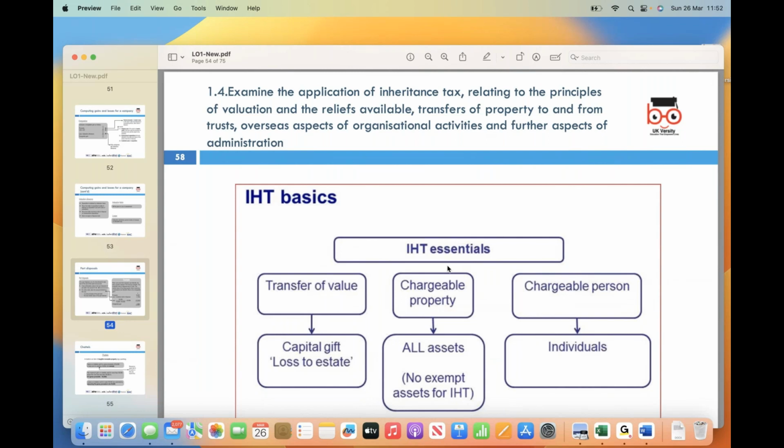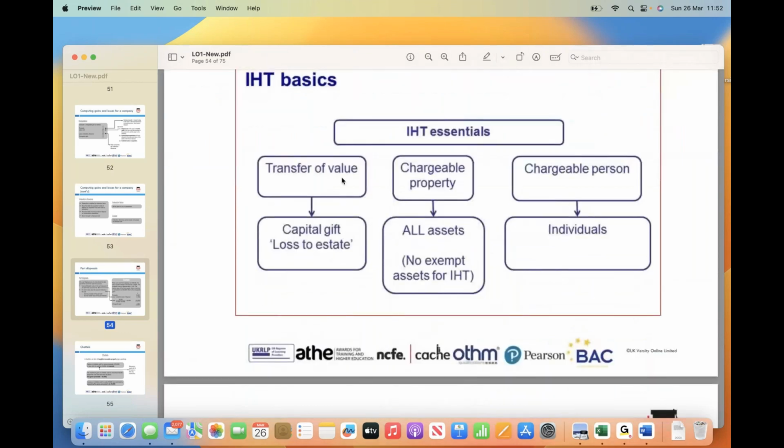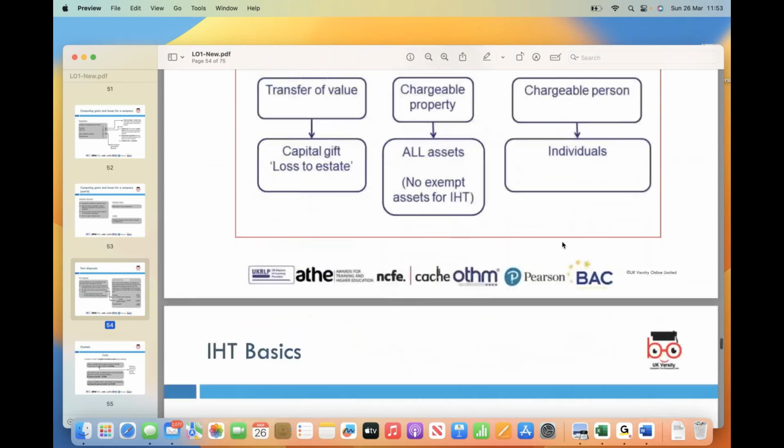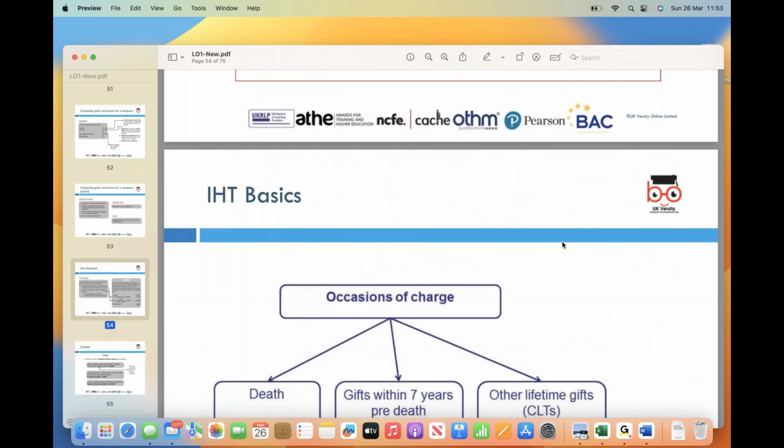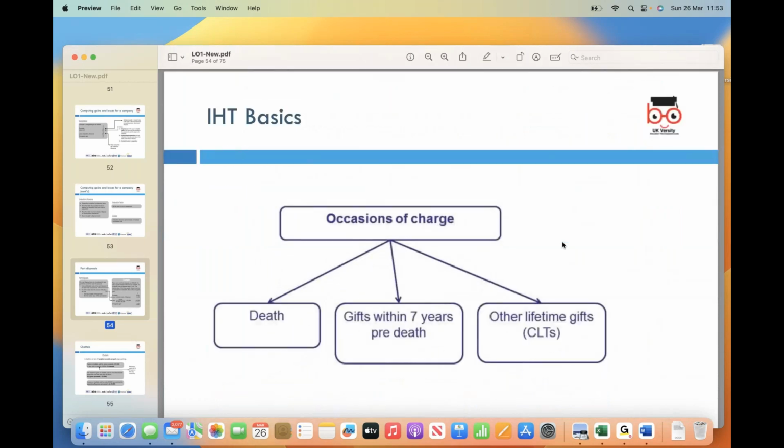So the essentials in inheritance tax are transfer of value, chargeable property, and chargeable person. Transfer of value covers capital, gifts, and losses to the estate. Chargeable property is all assets, with no exempt assets for inheritance tax. The basics: occasions of charge are death, gifts within 7 years before death, and other lifetime gifts.